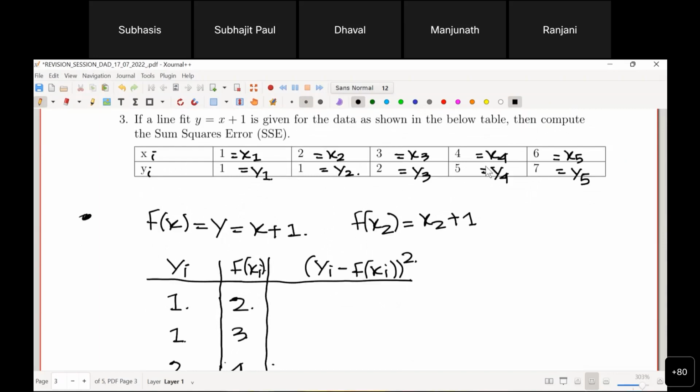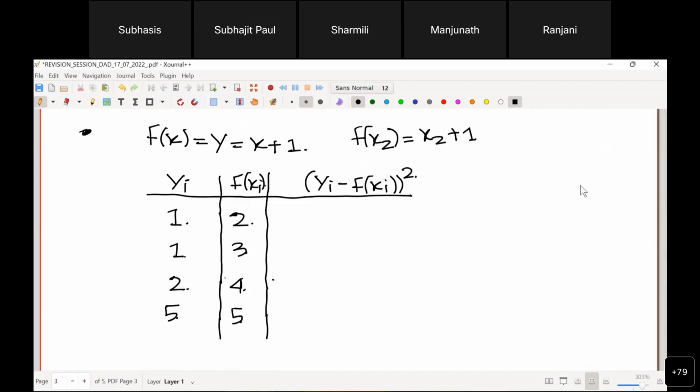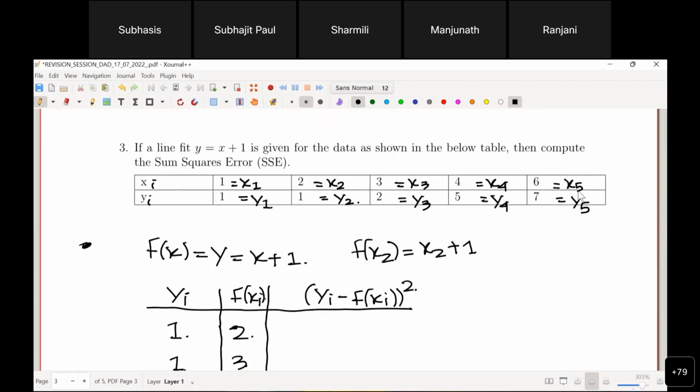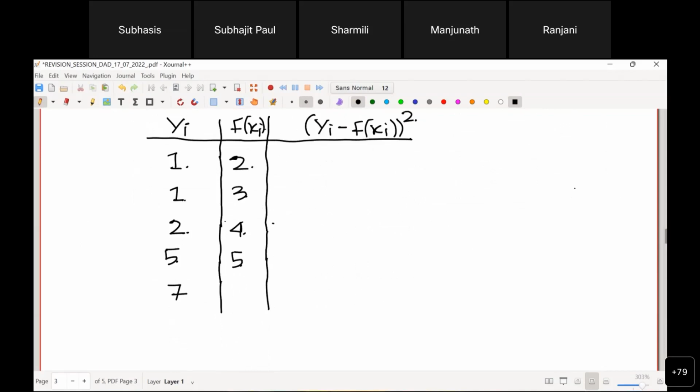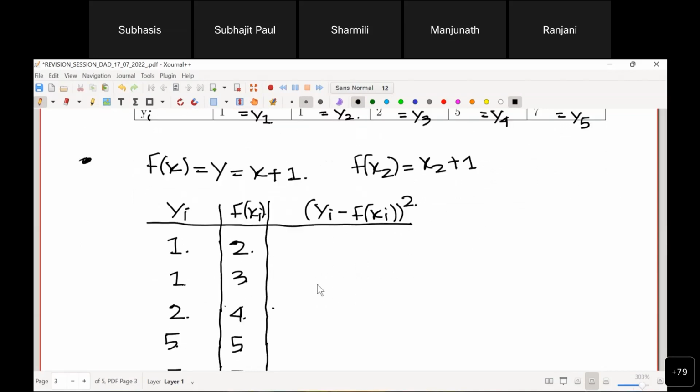Because x4 is 4, so 4 plus 1 is 5. And similarly, y5 is 7 and f of x5 is also 7, right? So now we have computed f of xi.